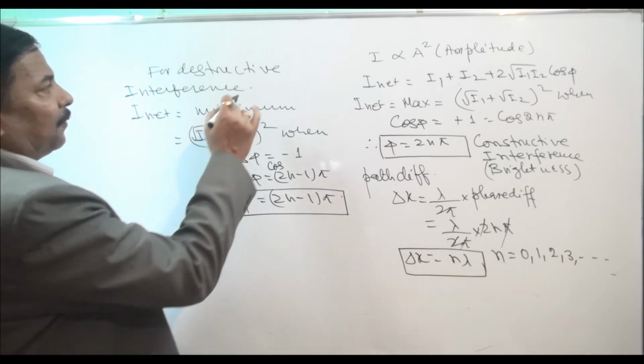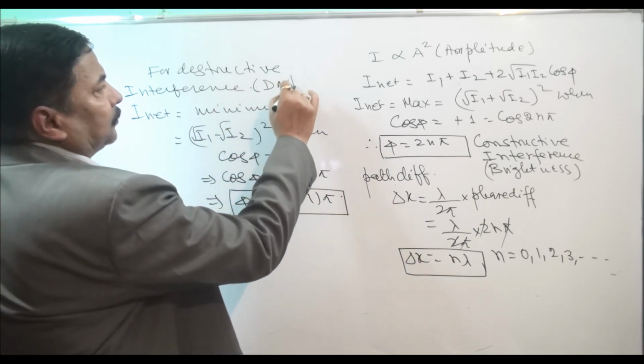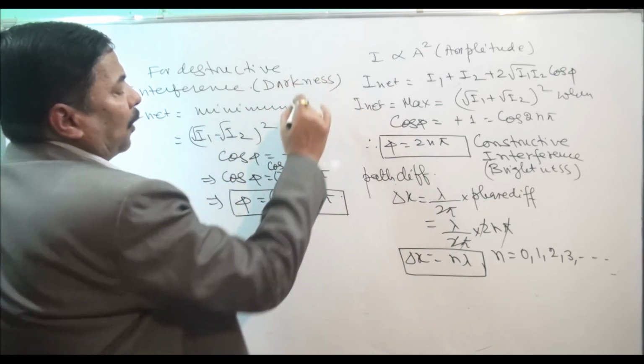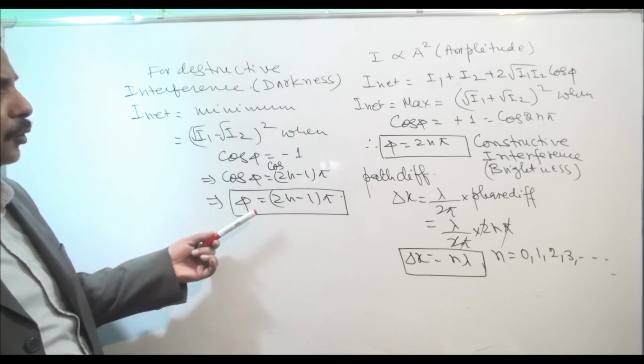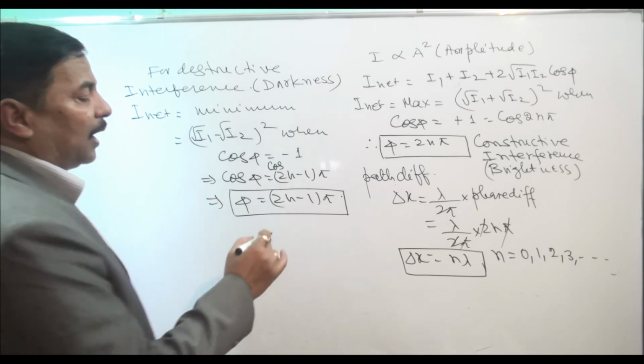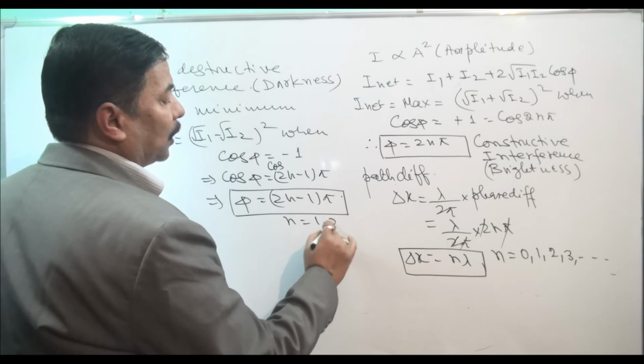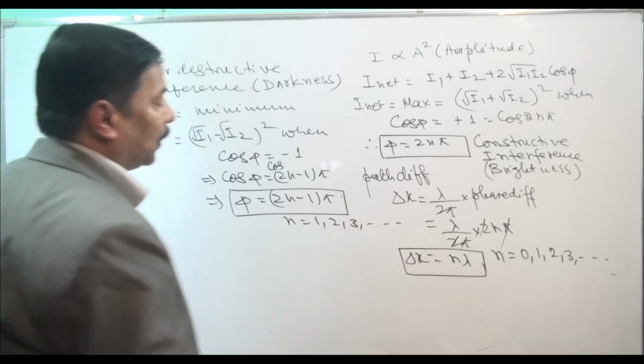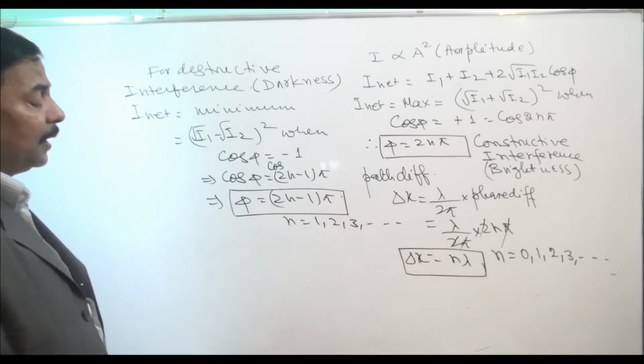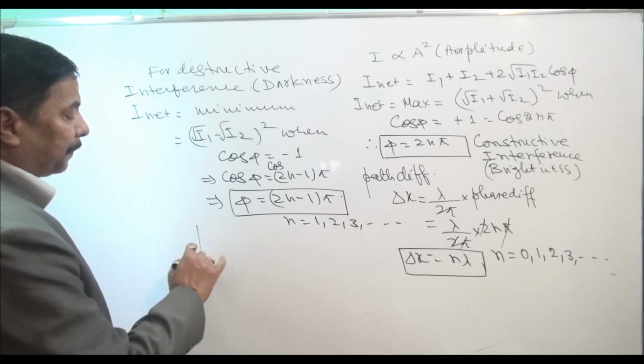And what is destructive interference? That is for darkness. So for darkness, the phase difference should be an odd multiple of pi. Here we are taking n equal to 1, 2, 3, and so on. So what about the path difference?